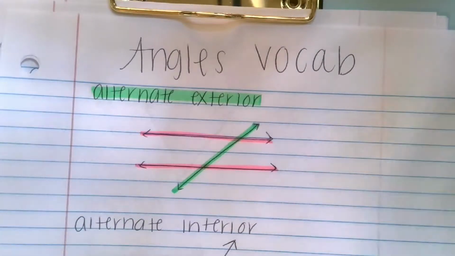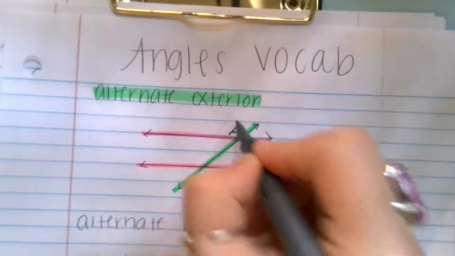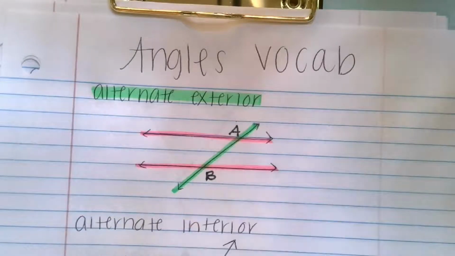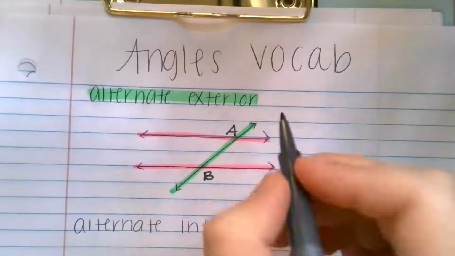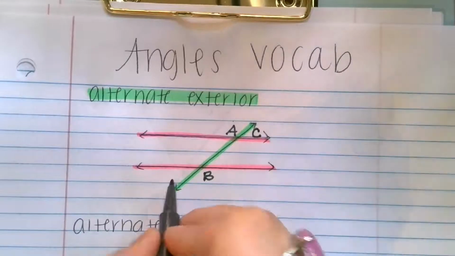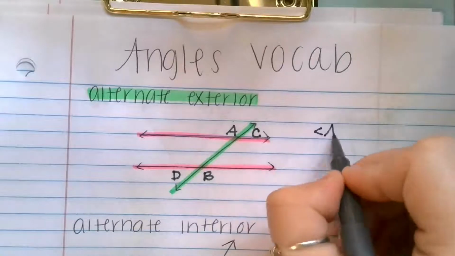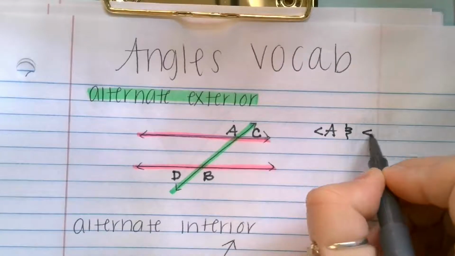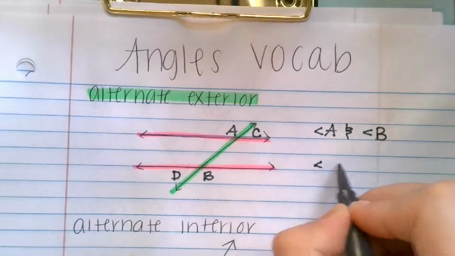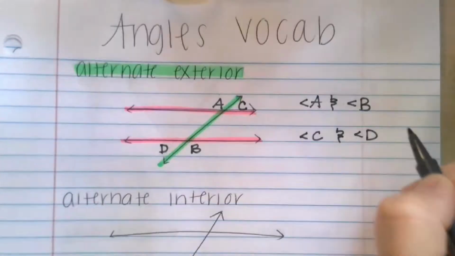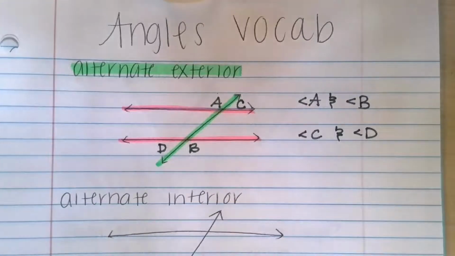So angle A and angle B would be alternate exterior angles, and so would angle C and angle D.